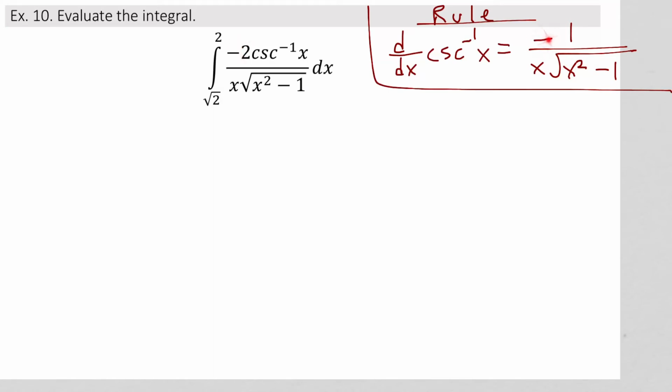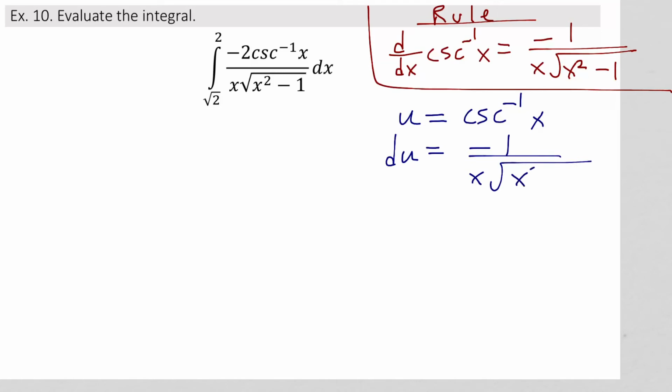All right, so what I can see is that if I choose u equal to, let's just write this out. If I choose u is equal to the inverse cosecant of x, then du is equal to -1 over x radical x squared minus 1 dx.